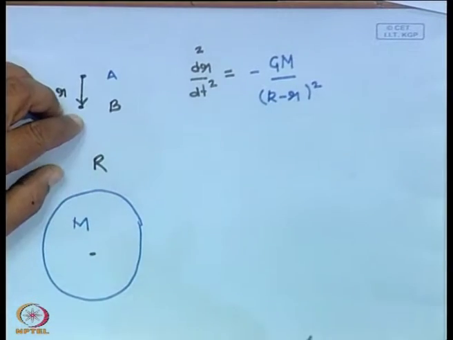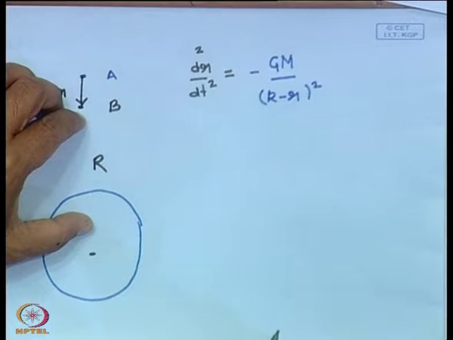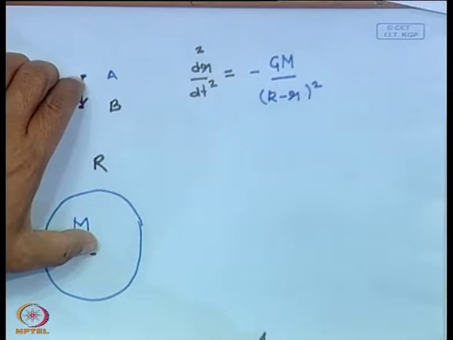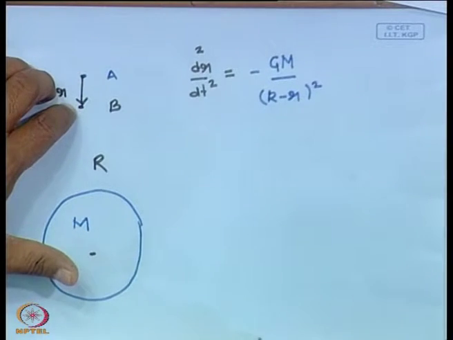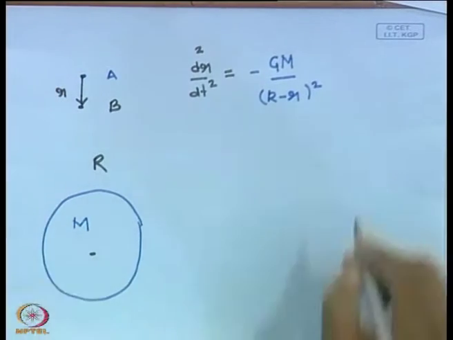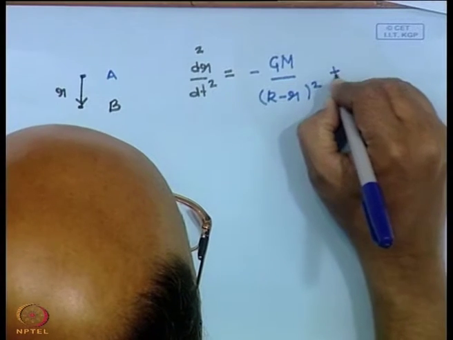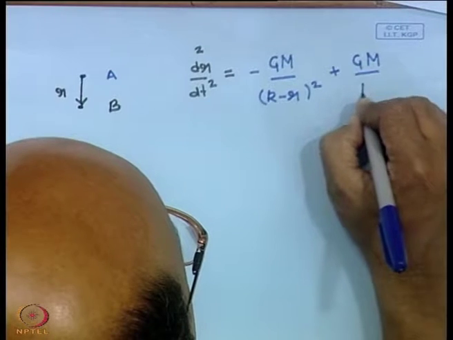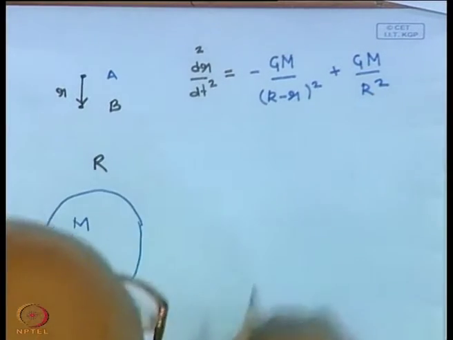That is the acceleration of B with respect to the mass, and I have to subtract out the acceleration of A because my observer is sitting on A. Sitting on A, what is the acceleration I see for B? If I subtract this out, I will have to add plus GM by R square.